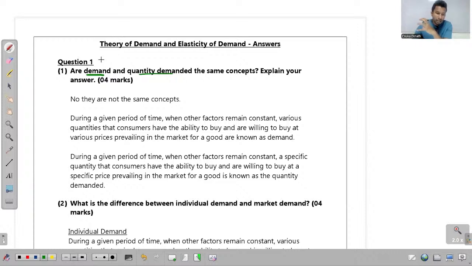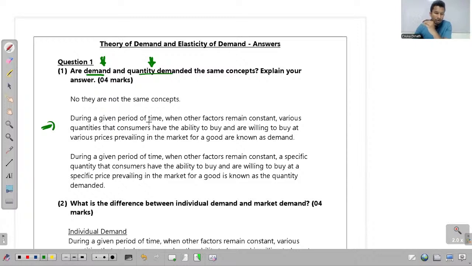I told you very clearly that demand is one thing and quantity demanded is a different thing. These are related, but these are two different concepts. Clear? When it comes to the demand, we are referring to this.